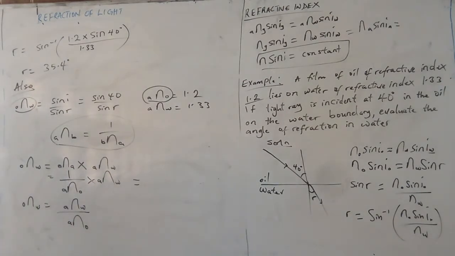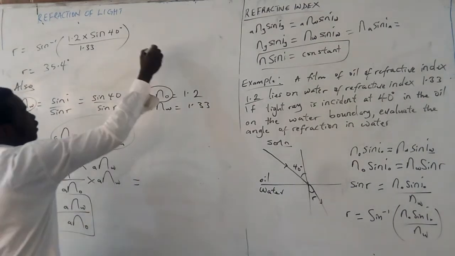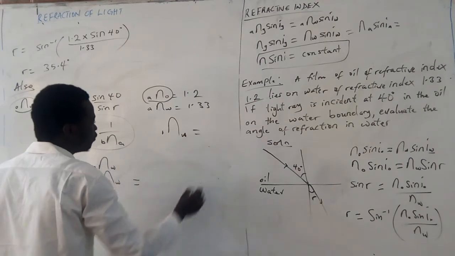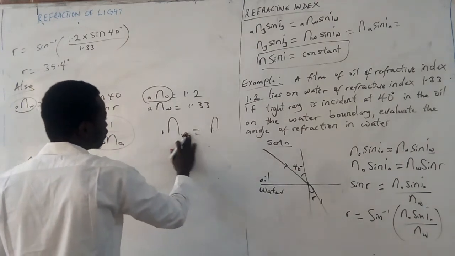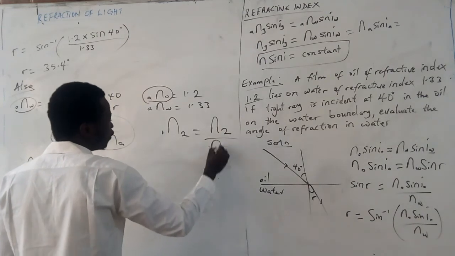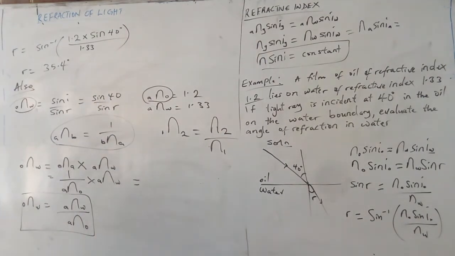Another relation is that refractive index from medium 1 to medium 2 is the same thing as refractive index of medium 2 over refractive index of medium 1. So you can also always use this relation.